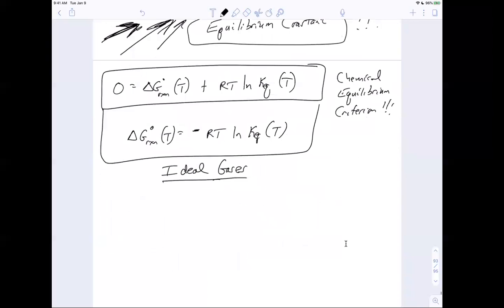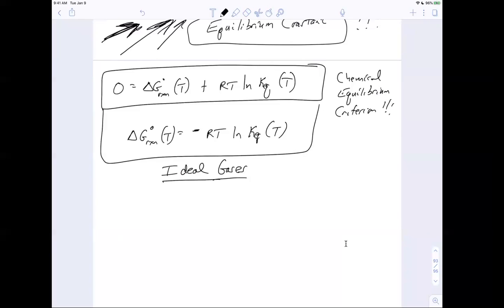This relationship between delta G reaction of T is equal to minus RT log K, that is very general. In this case, I haven't told you anything more deep about what delta G superscript reaction is. It's just some symbol, but it represents something. And I have this minus RT log K equilibrium, which is a function of T, on the other side of the equal sign.